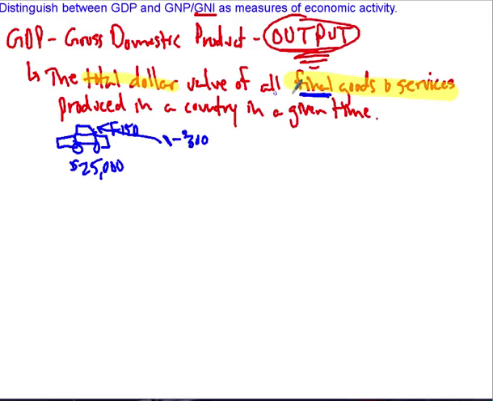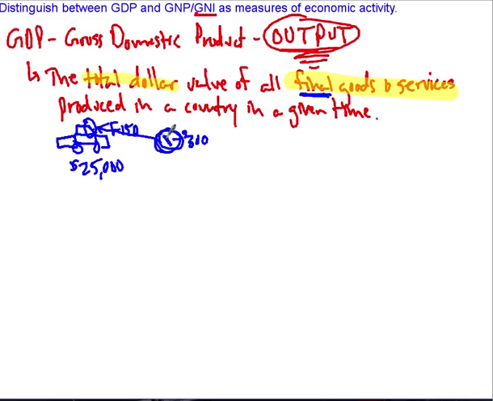And so when we look at these two things, this windshield would be considered the intermediate good, and that is a product that's taken and used in the production of something else that's going to be sold later. Ford takes this intermediate good and turns it into part of a final good.